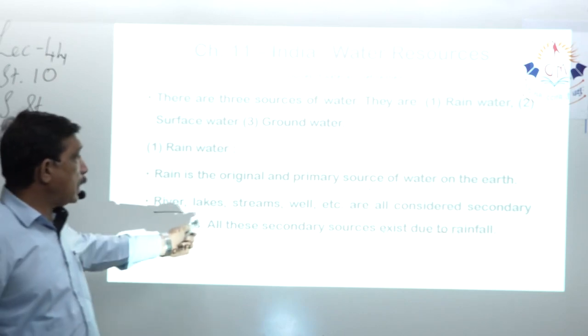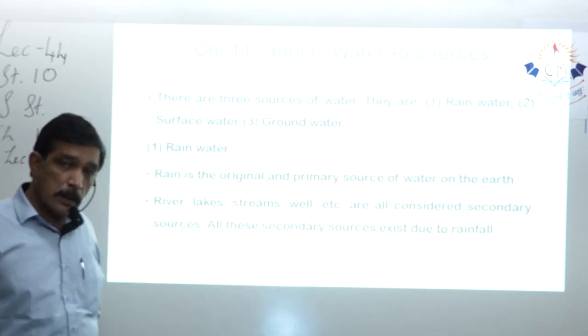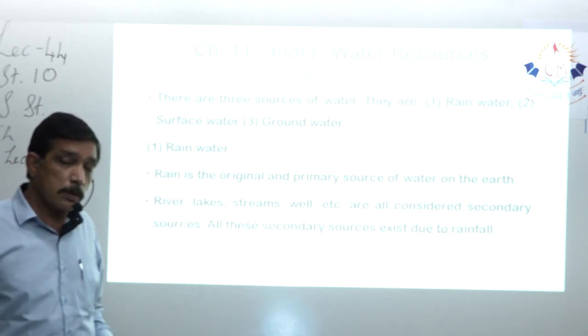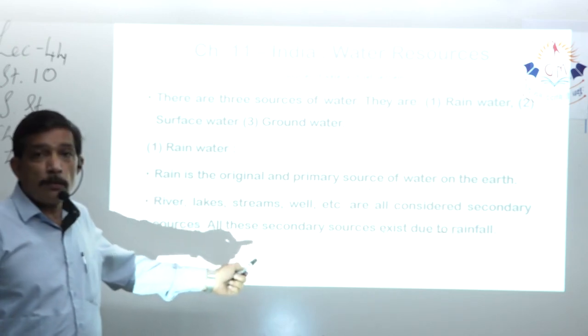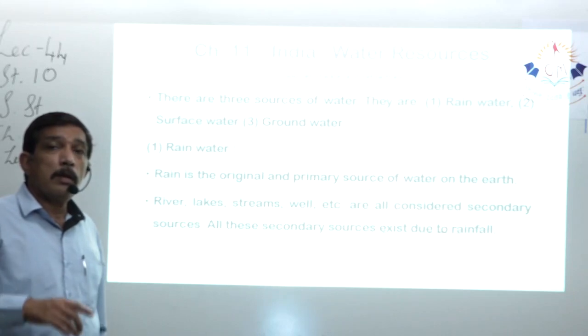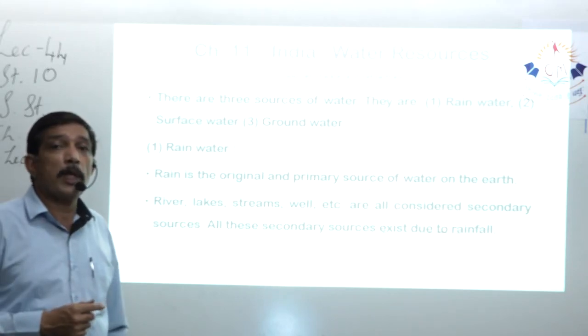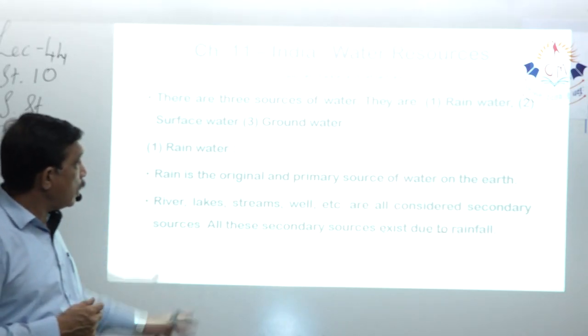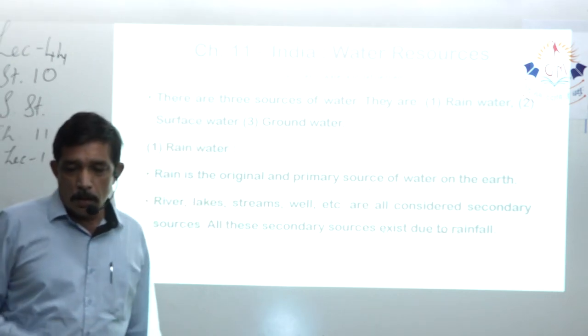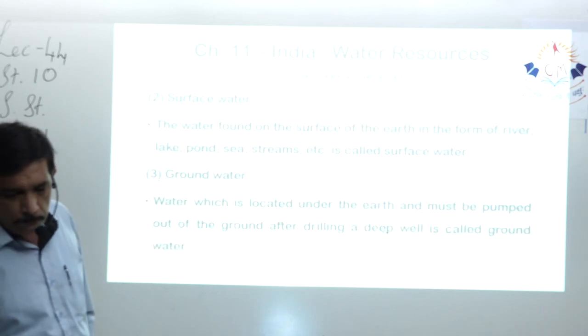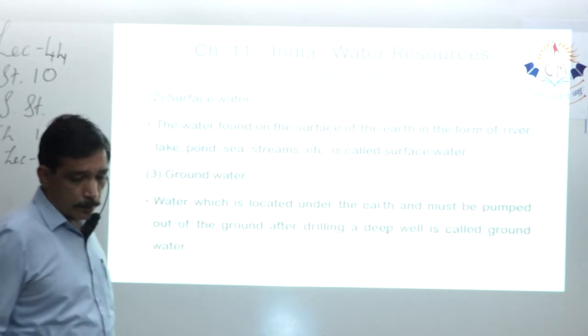Whether it is river, lake and stream, that is also secondary. Underground water, that is also secondary. That means secondary sources of water are dependent on the primary source of water on earth, that is rain. Now surface water.